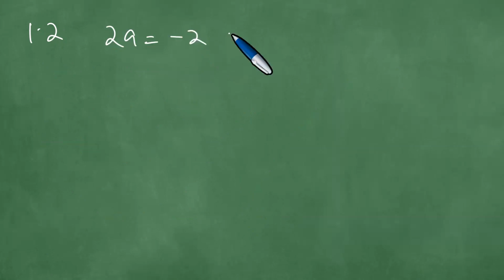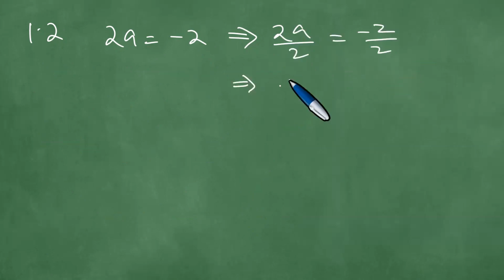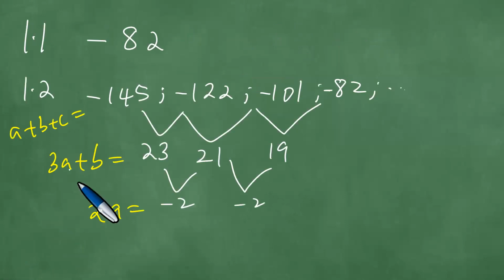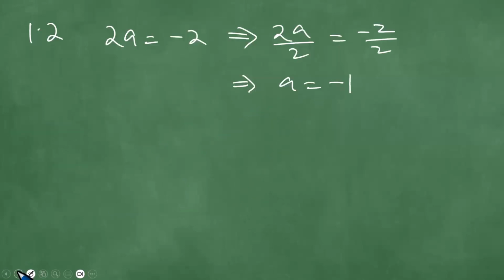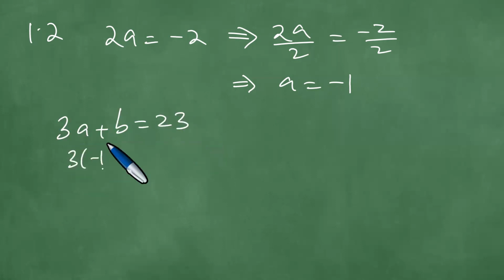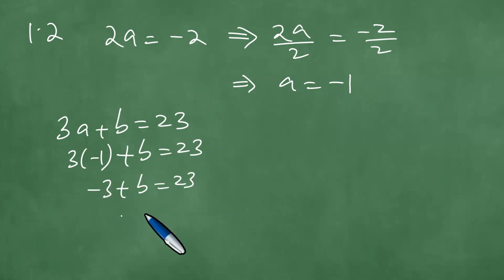2a is minus 2. To get a, you take the 2a and divide by 2. a is minus 1. Then you have 3a plus b is 23, which means minus 3 plus b is 23.